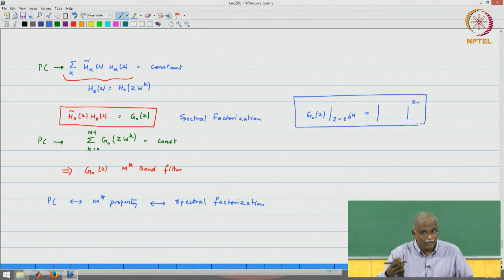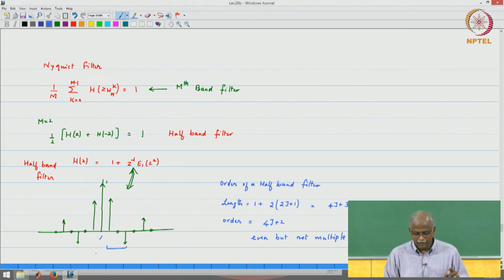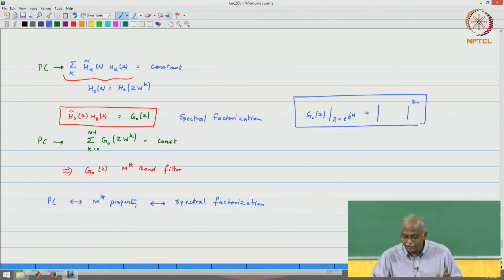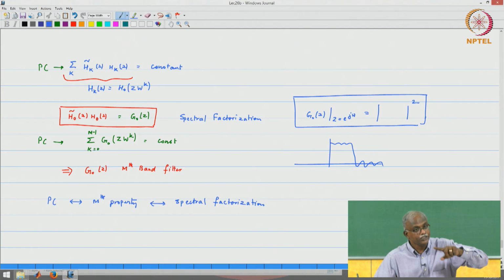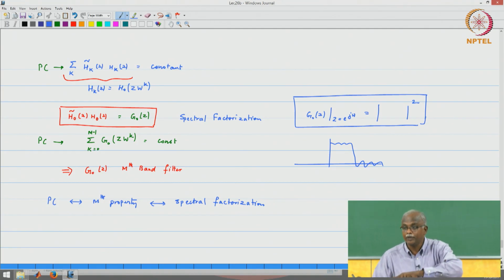Now, again a very important follow on question is, take the half band filter. Half band filter we showed, we sketched it here, H E of j omega need not be positive. If I plot this response, it could be something that does this, right. It can have positive and negative values. How do I ensure that this is spectral factorizable?